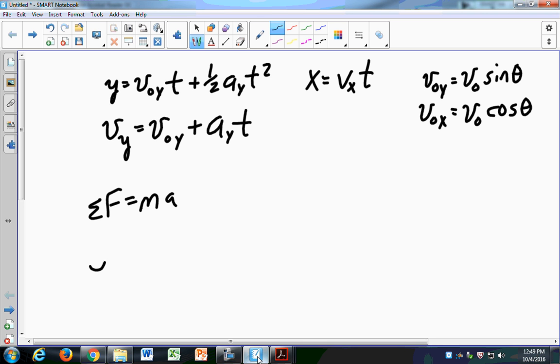And Fk equals mu k times the normal force, or closely akin to that, Fs is less than or equal to mu s times the normal force, as we talked about, where Fs actually increases until it sets into motion. And then that's it.